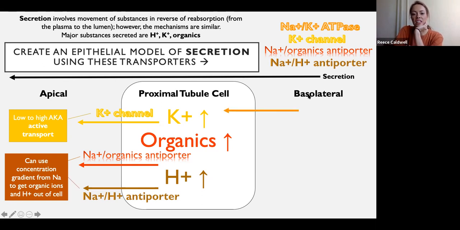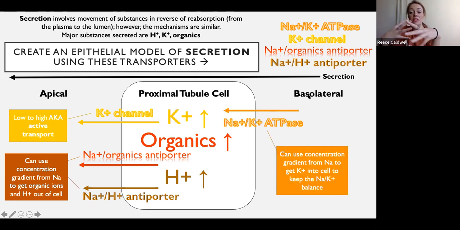Lastly, we need to rebalance that potassium and sodium levels. So we'll use the concentration gradient from sodium to get potassium into the cell to keep that sodium-potassium balance. So we'll kind of use the breakdown of ATP for that again.